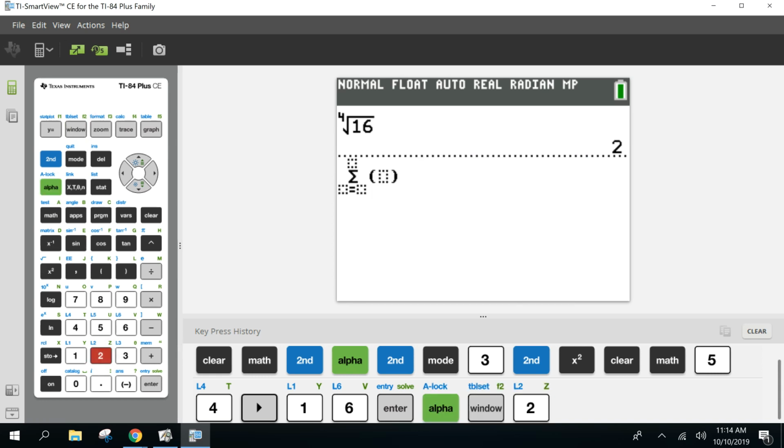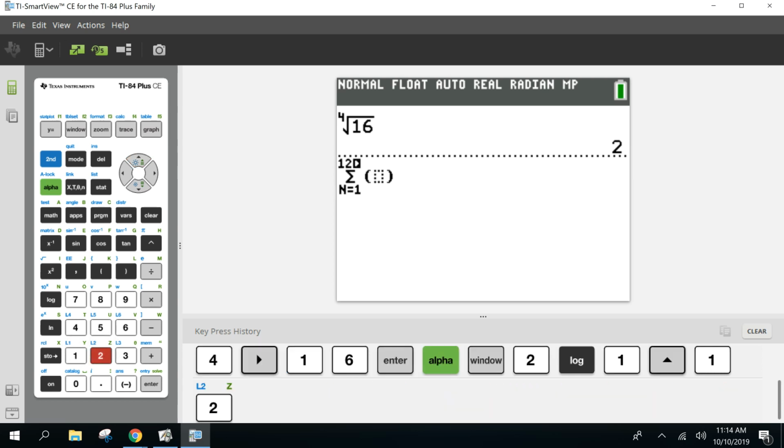So what's my variable here I want to plug in? N. Equals what first? 1, and then you're going up to what? 12. And now here's where you have to pay attention. See that set of parentheses? That entire thing has to go in there.